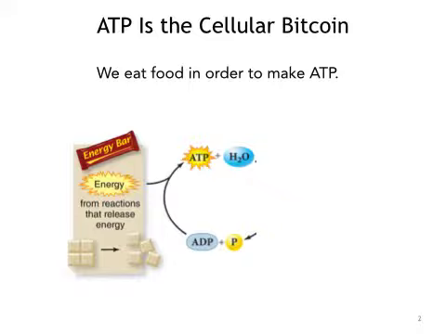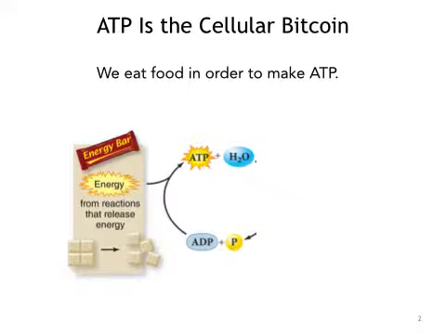So it's kind of interesting. You probably initially thought that the energy you get from food is what you use to do everything you need to do, like move around, for example. But really, the energy you get from food is used to make ATP, which then is used to move around.